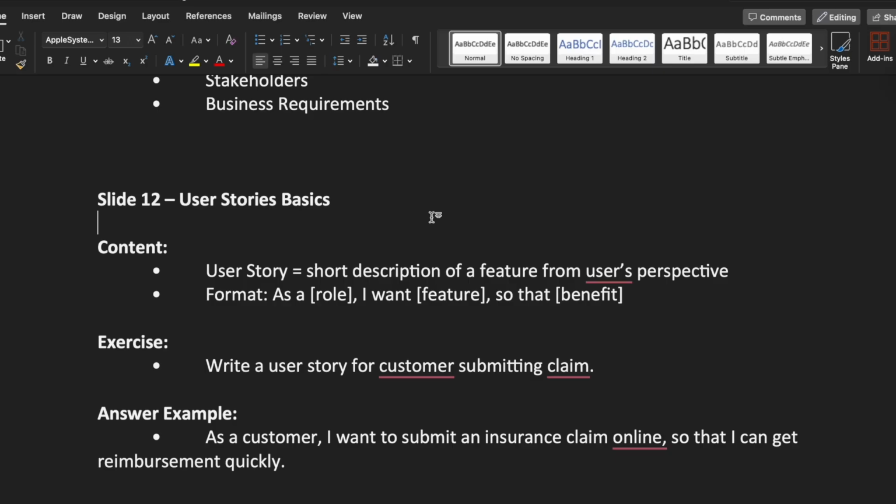Okay, can we write one sample user story for this claim? You already saw the answer here, right? So can you write one user story for our review officer review feature? Can you put it in the chat?